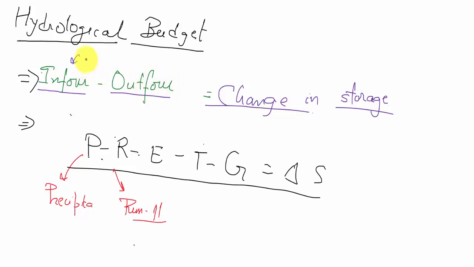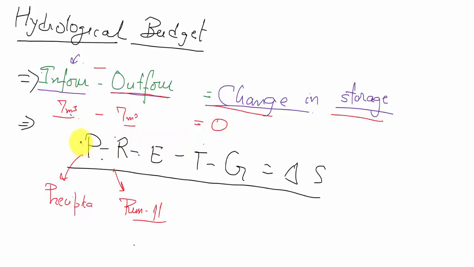So water which has come in minus water which has gone out will be equal to change in storage. But if 7 meter cube comes in and the same amount of water goes out, then there will be no change in storage, because there has not been any addition or subtraction of water from this water body.